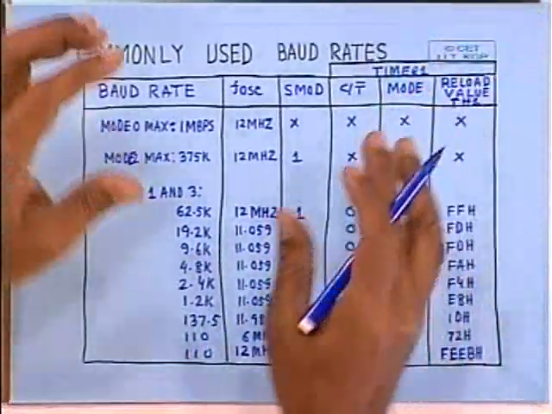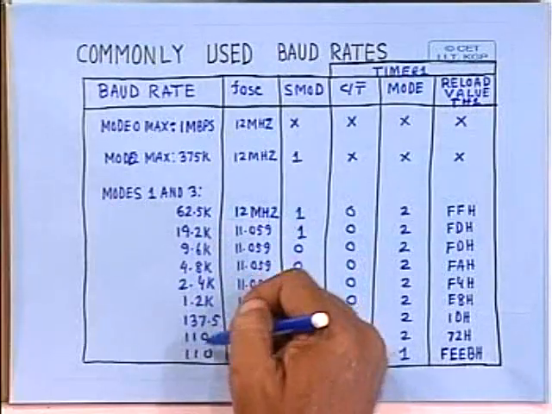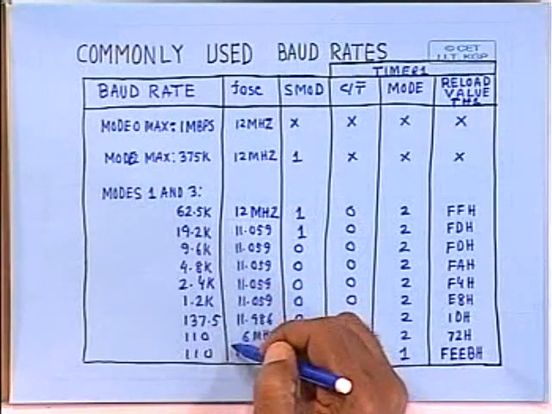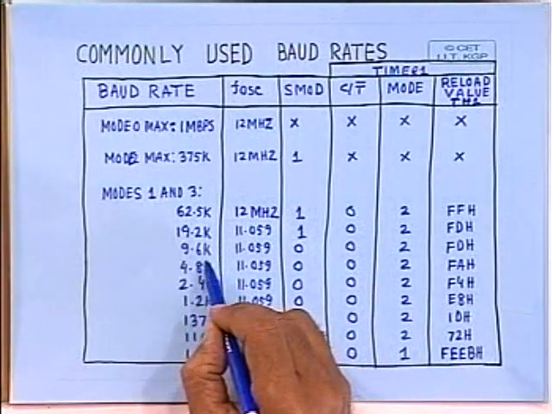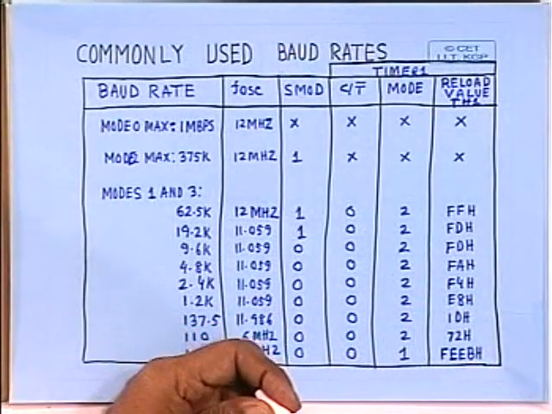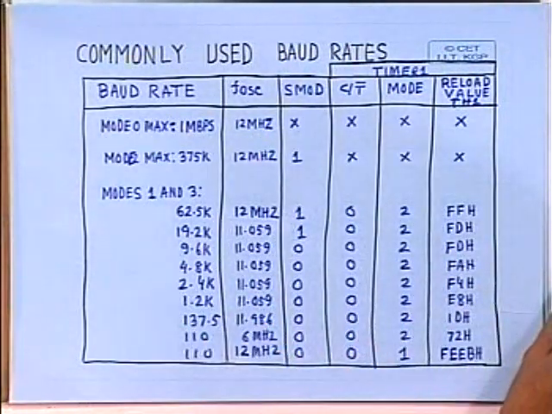On the other hand, if you have a small number of sensors, then you can use a smaller baud rate in mode 3, and depending on the rate of communication, you can select the baud rate. So you can use the 8051 to implement an intelligent network of sensors in mode 2 and mode 3.